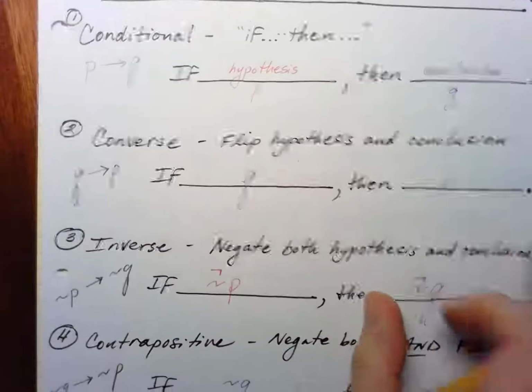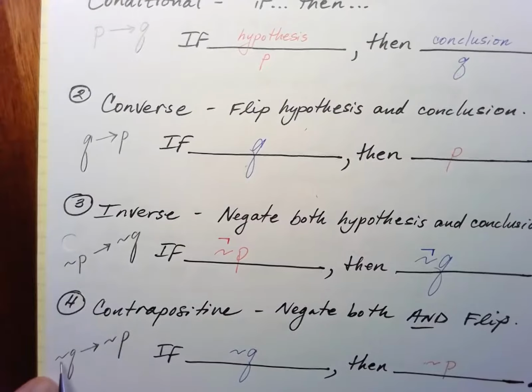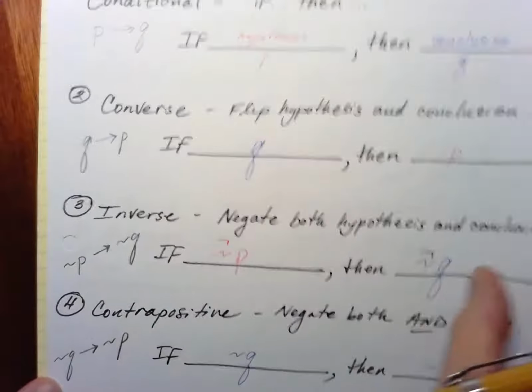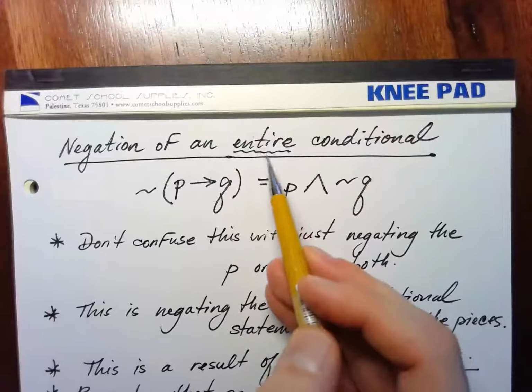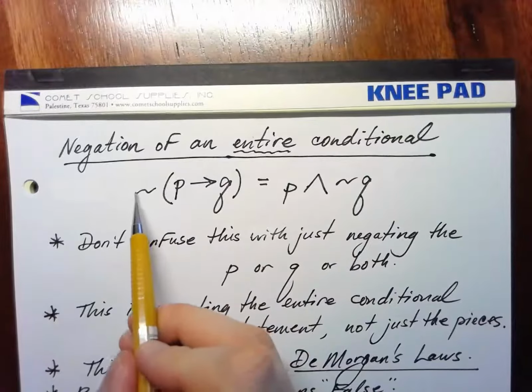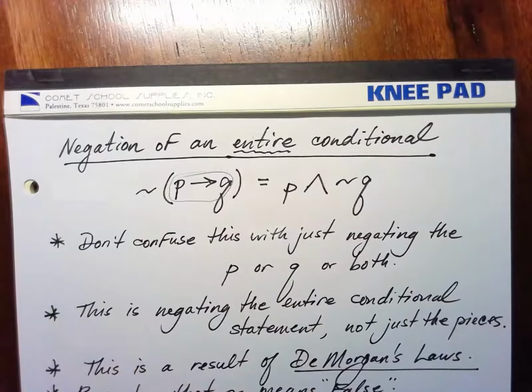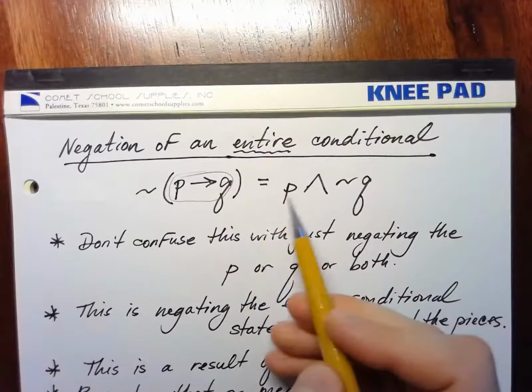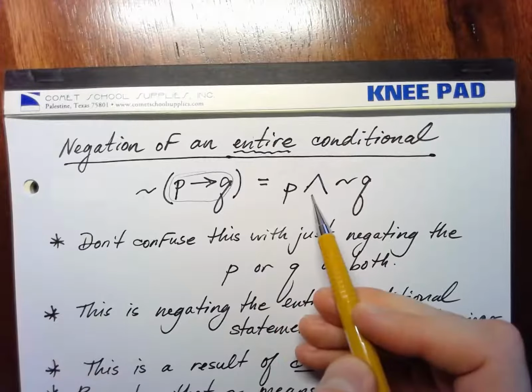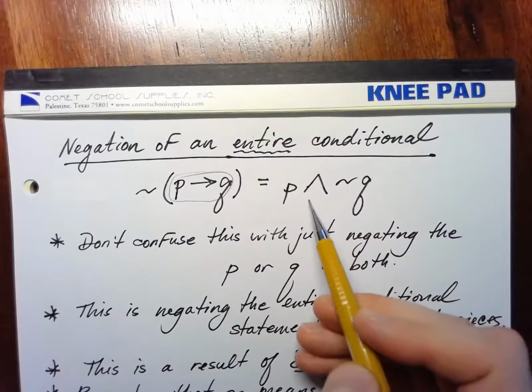Okay, so you can see we're negating just the Q and the P, but what happens if we negate the entire original statement? And I negate here the entire original statement. Okay, well, that's the same as saying P and not Q. This is a conjunction.